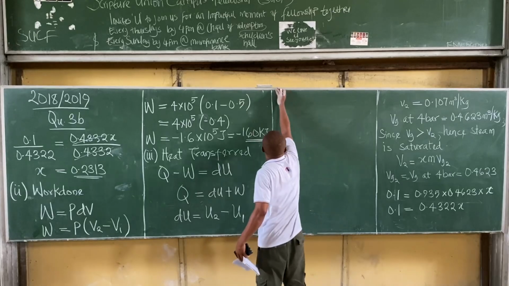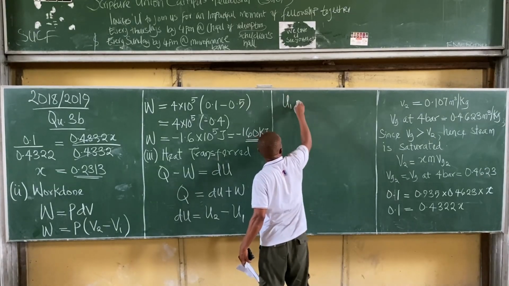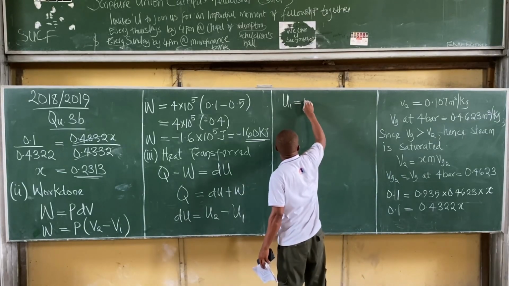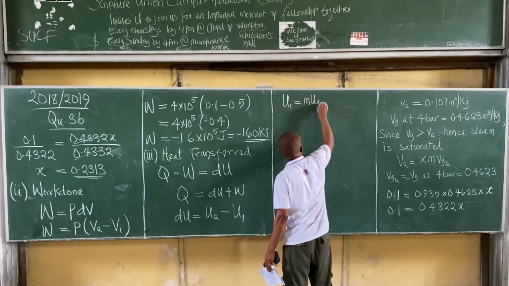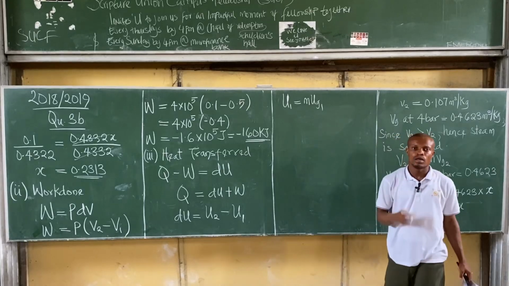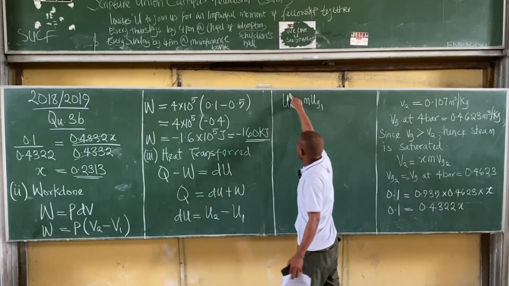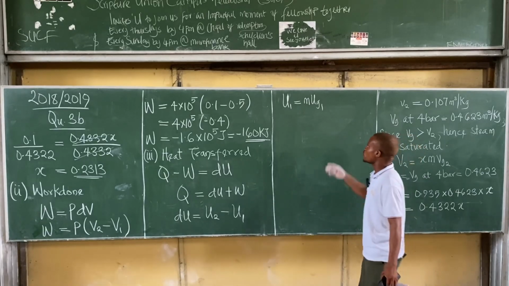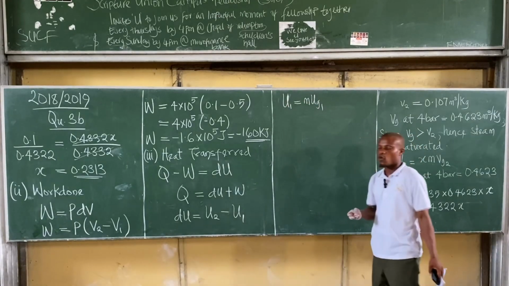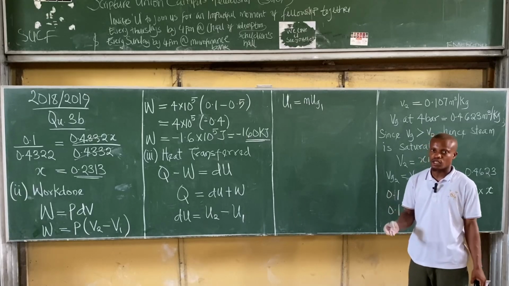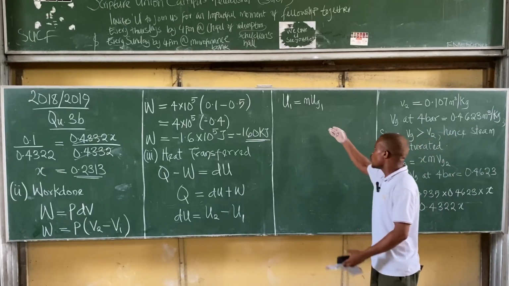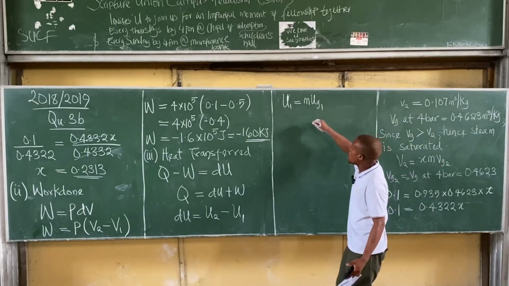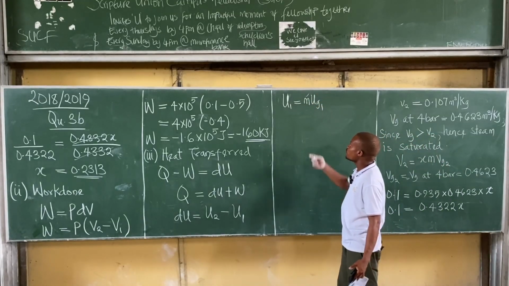Now, for the initial condition, U1 is given as m UG1. Remember, it is a superheated steam at the initial condition. Therefore, this formula was given for the internal energy of a superheated steam: U1 equals m multiplied by UG1. Now we know our mass. What are we searching for?